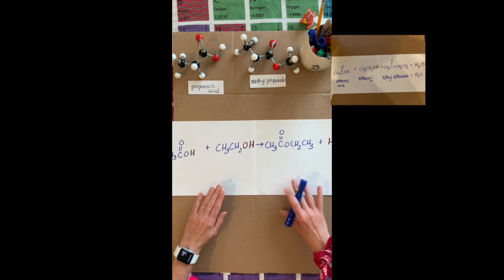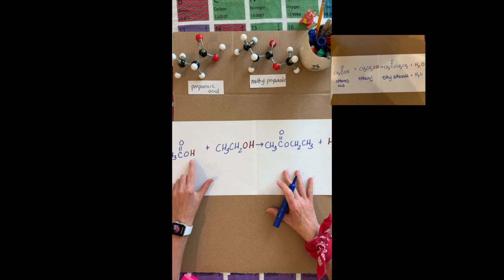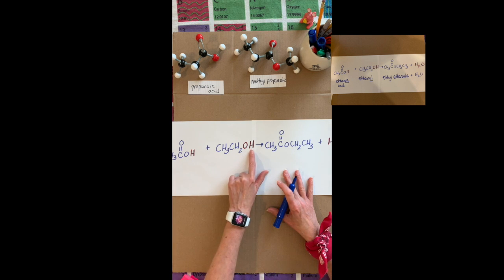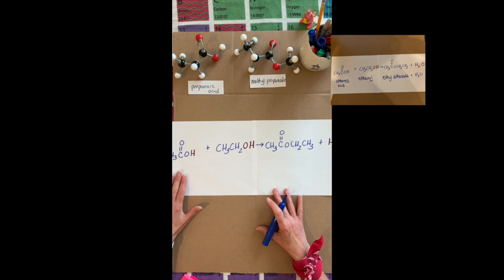So here is a full example of an esterification reaction. If we look carefully, by the way, notice a couple of things. I've highlighted in red this hydrogen and this OH, and I highlighted water. So let's look at it. This is an acid. How do we know it? It's got CH3, C, double bonded O, OH.